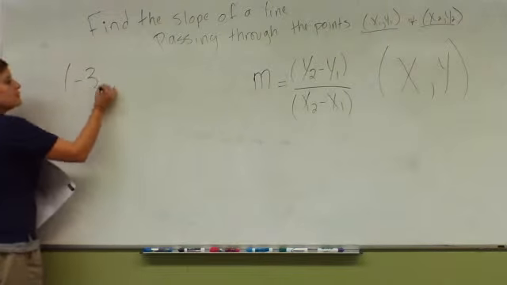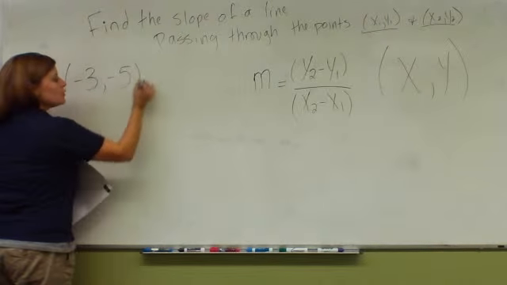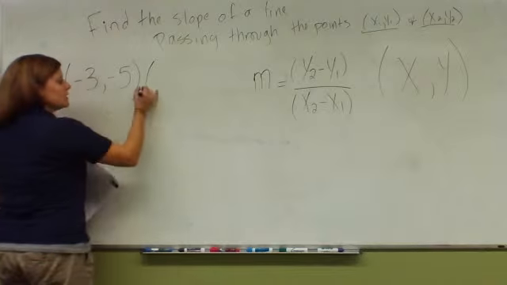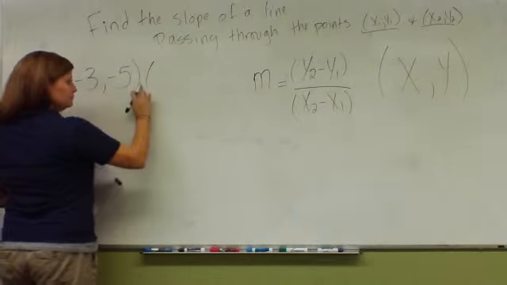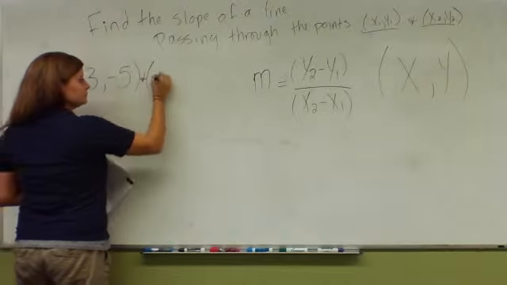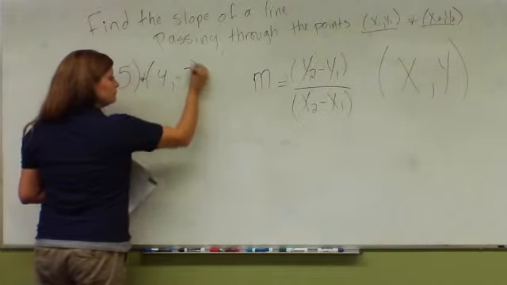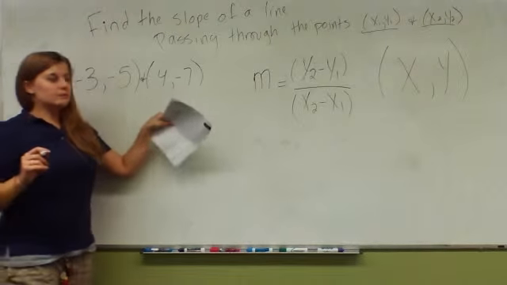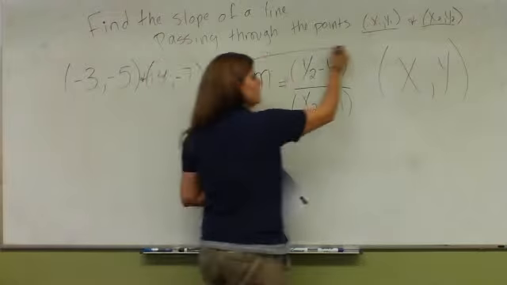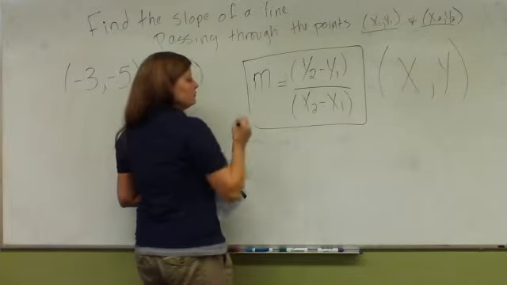So if I've got random points, and we're going to work on this negative thing too, just because I feel like we should. These are my points. These numbers can always change. This does not change.